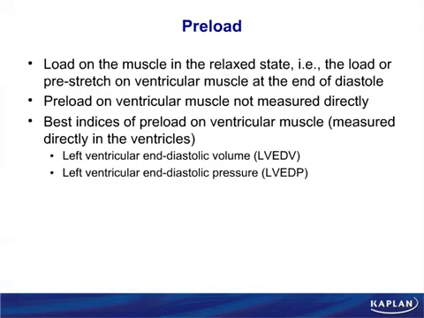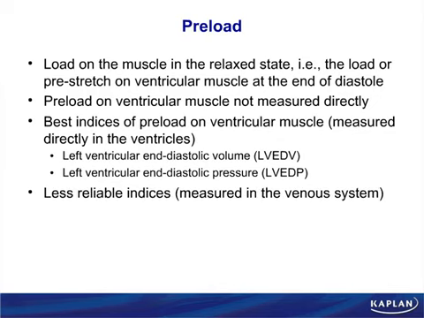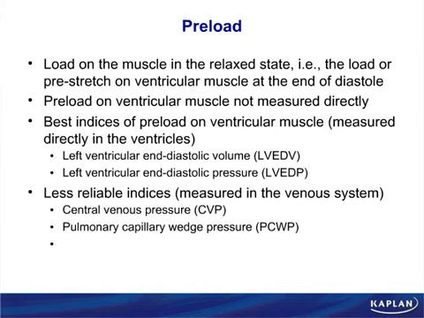Now, the next ones I'm going to mention, these are less reliable. Technically, they're less reliable, but these are the ones you're going to measure clinically. These are specifically central venous pressure, CVP, pulmonary capillary wedge pressure, which I'll just refer to as wedge pressure, and right atrial pressure.